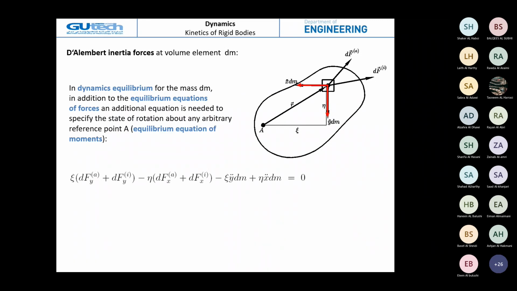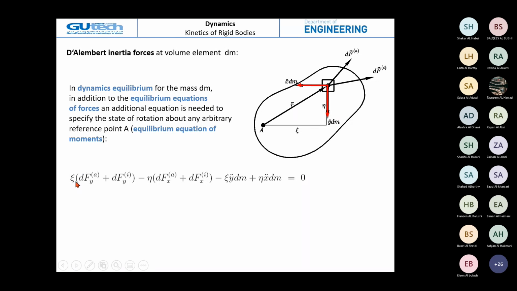Then we say in dynamic equilibrium for the mass dm, in addition to the equilibrium equation of forces, an additional equation is needed to specify the state of rotation about any arbitrary reference point E. This will be the equilibrium equation of moments.